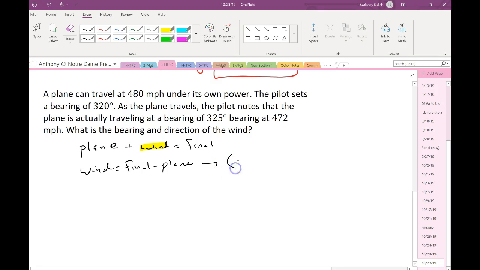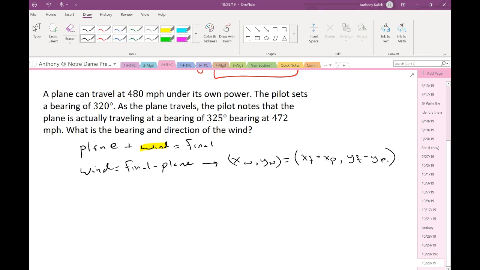So xw, yw is going to equal xf minus xp, comma yf minus yp. Instead of adding our two components, like we had done in the previous problem, here we're going to be subtracting. And remember that subtraction is not commutative, so we have to make sure that we're subtracting in the correct order, final minus plane. Everybody okay with that reasoning?